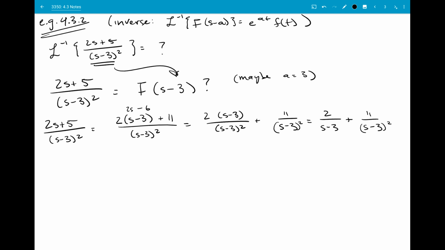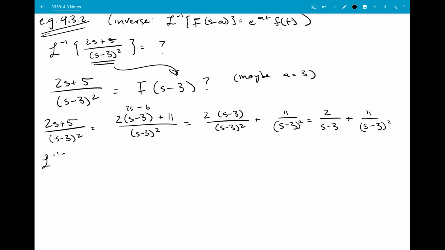So all I did in these steps was algebra. I said if I have a sum in the top of a fraction, I can break it up into 2 fractions, and then I just canceled out these s - 3's to have only 1 in the denominator. But now this looks like 2 things that I can take the inverse Laplace transform of.